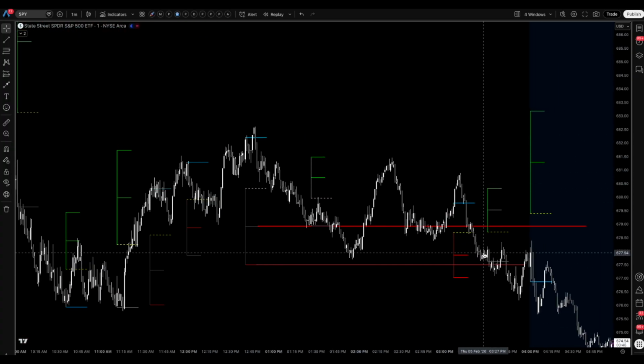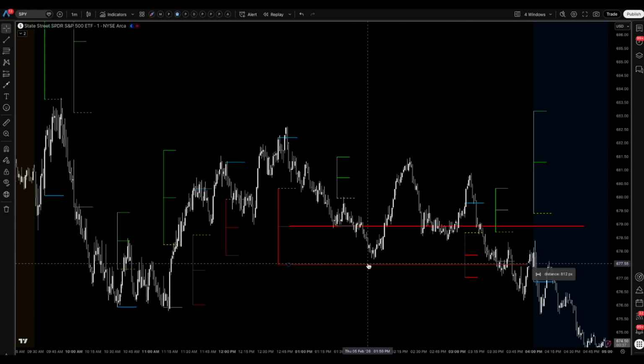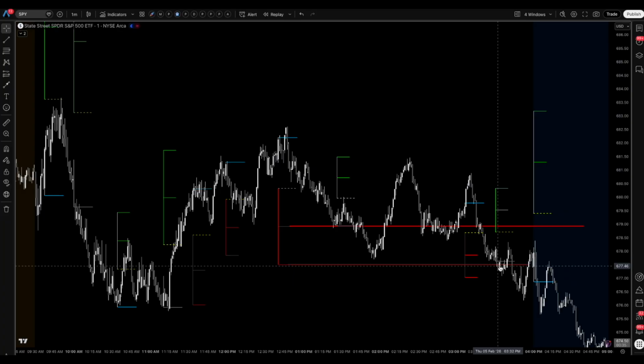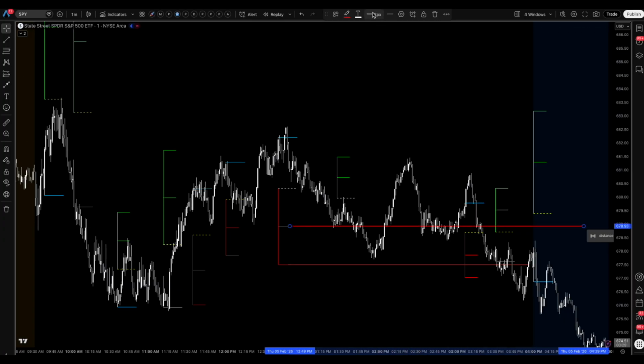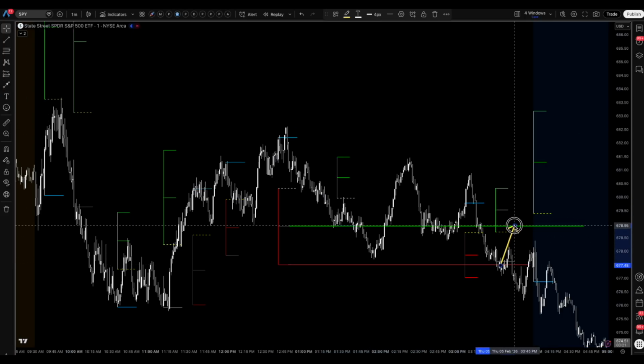It's not locking itself off. This signal here, we never came fully down until right here. And so this is now a valid long trade up to 678.94. I know it's kind of hard to see on the chart there, but we dropped to here.